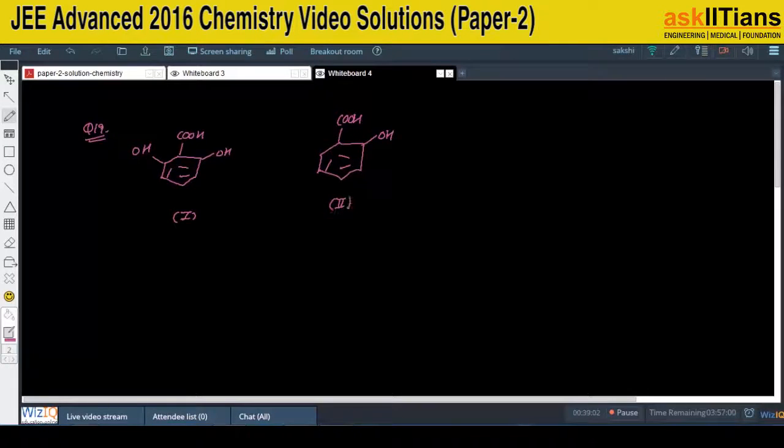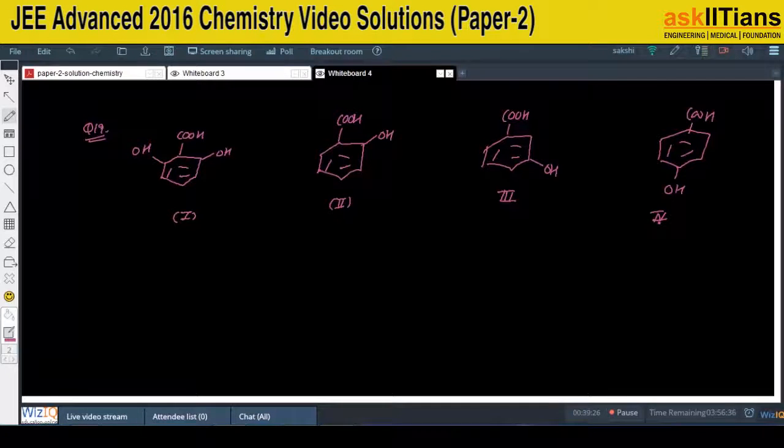Coming to the third compound, you have an OH group at the meta position, and the fourth compound is benzoic acid with an OH group at the para position. These are the 4 compounds given, and you have been asked to identify the correct order of acidity.